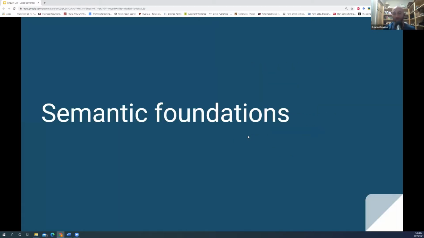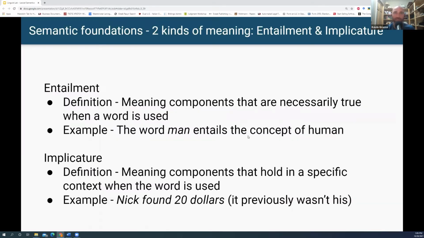Okay, so these are just some basic things that you would learn in a sort of introductory semantics textbook, but they're really important. They're important enough to go over again if you've already read a semantics textbook, or if you're kind of new to semantics in general.